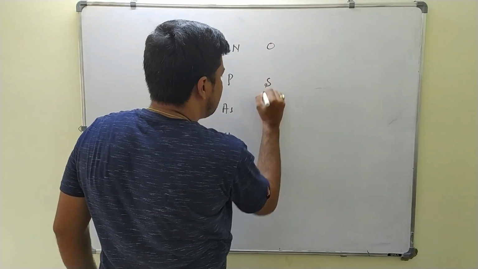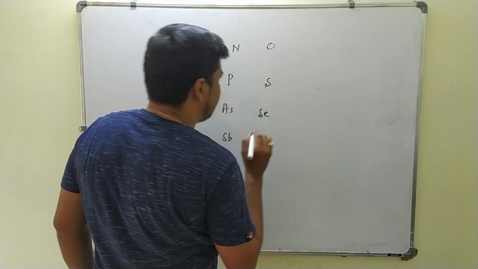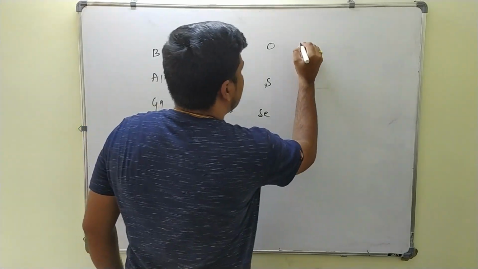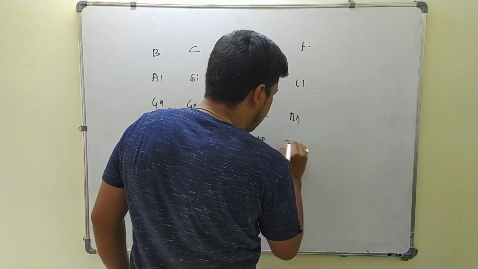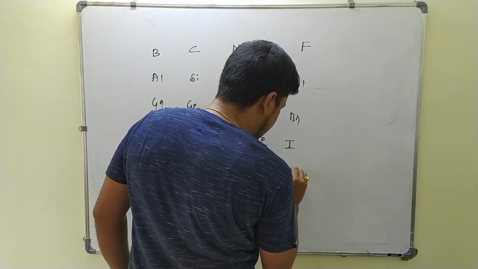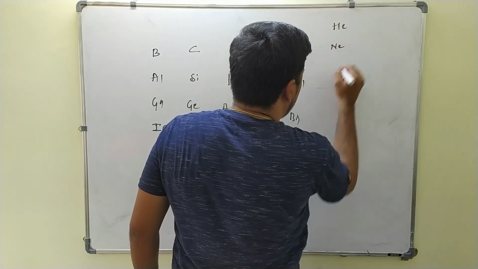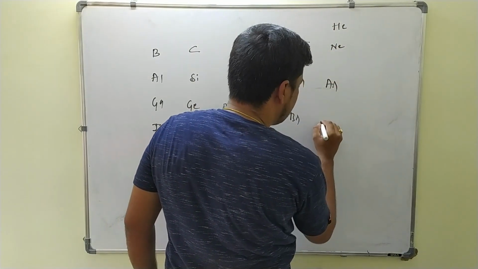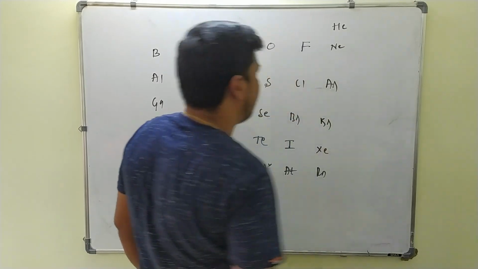Next one: oxygen, sulfur, selenium, tellurium and polonium here. Next one: fluorine, chlorine, bromine, iodine and astatine. Next element is what here? Helium, neon, noble gases, argon, krypton, xenon and radon here.